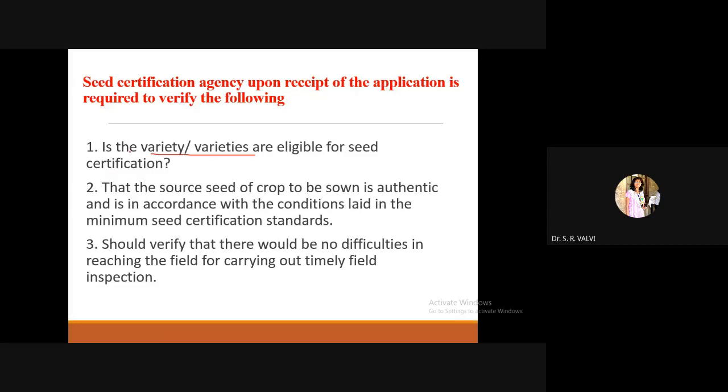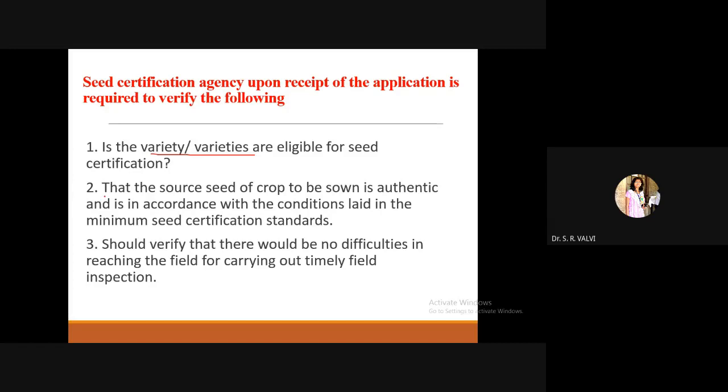This is the very first step. Suppose the variety you grew is not eligible for seed certification, the further process will not happen. So this step is very, very important. Eligible seeds should be grown in your field, in your farm, to do this seed certification process.